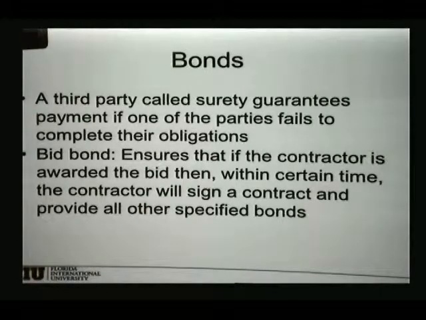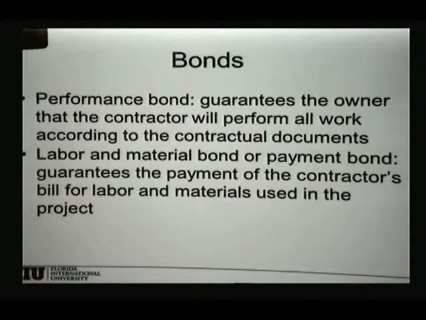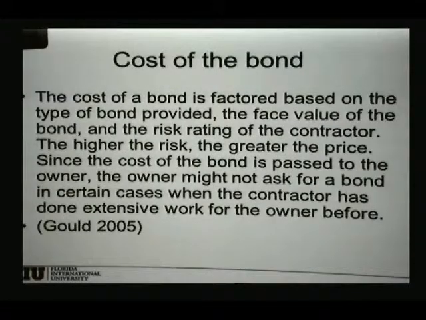You pay for the bond, but then if you fail, the owner gets paid and you get back charged by the surety company. So you have a performance bond, you may have payment material or payment bond in case that you don't pay your suppliers. And these costs are also associated with your cost estimate.